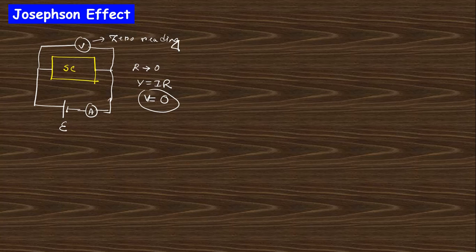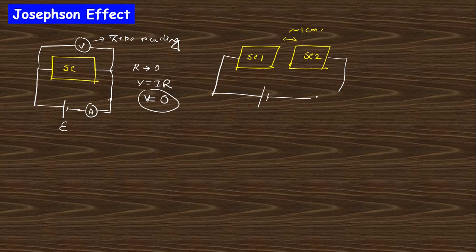Clear in this case. Now if we break this superconductor into two parts, this is superconductor 1 and this is superconductor 2, with a gap of nearly 1 centimeter, and the other conditions are the same, with a voltage source, an ammeter, and a voltmeter to measure the voltage.